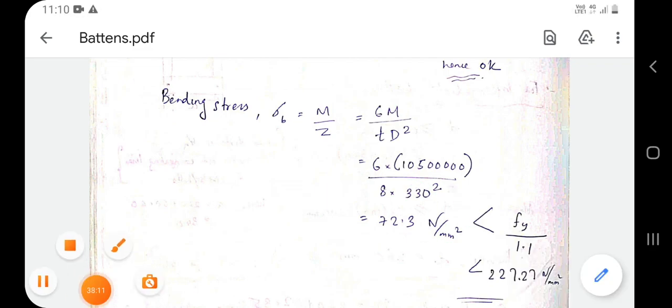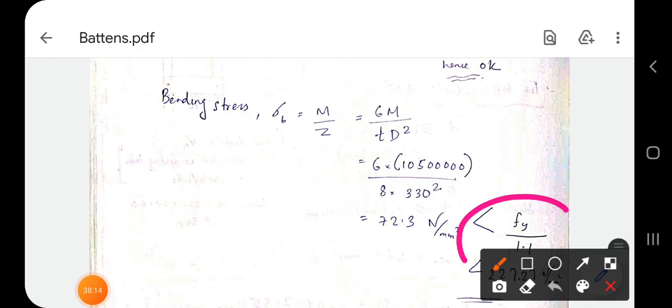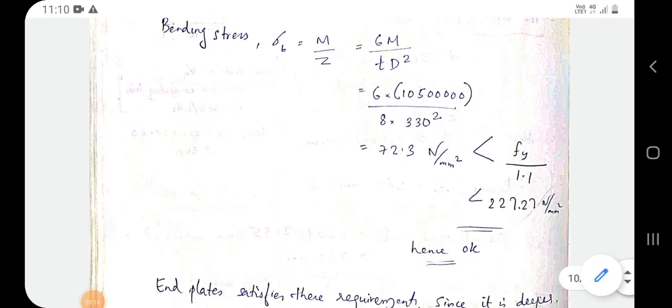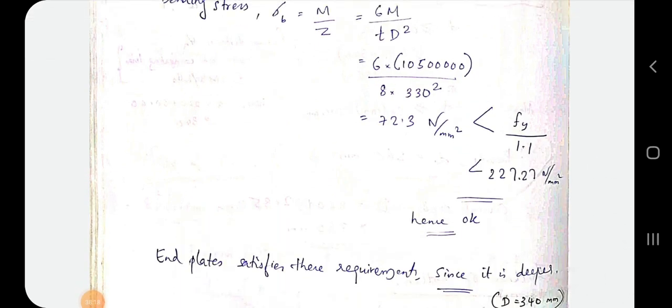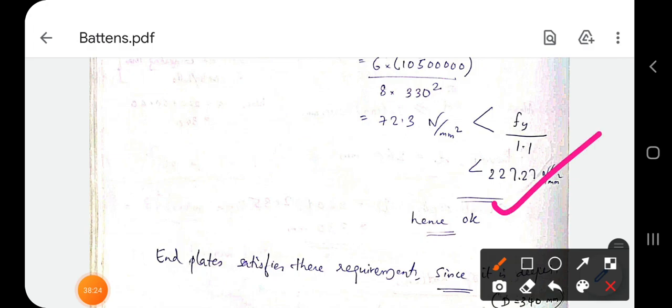Check if it is less than the permissible bending stress Fy by 1.1. Take Fy as 250 MPa, and we got it as 227.27. It is less, so here it is okay.